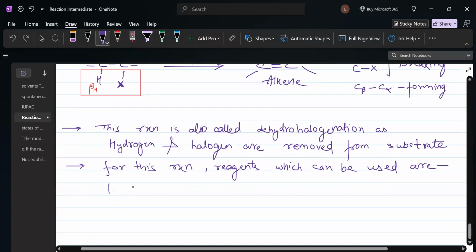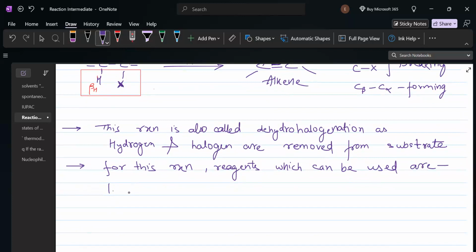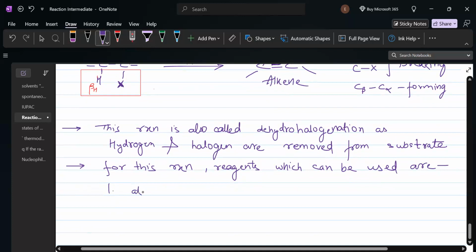So there are other reagents also which can be used for this beta elimination reaction. The first one is alcoholic KOH or alcoholic NaOH. What is alcoholic KOH?